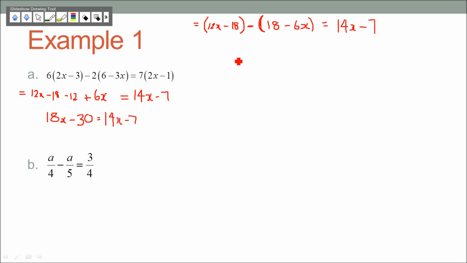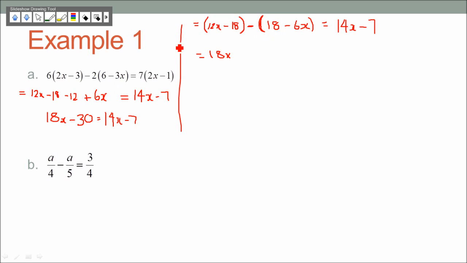Whereas over here, it's a little bit trickier. We've got 12x take away minus 6x, so minus turns it into a plus. So 12 plus 6 is 18x. Minus 18, take away, oh, we've made a mistake.